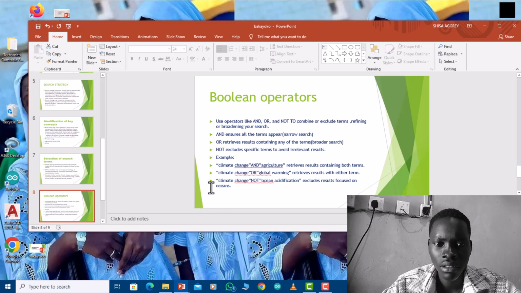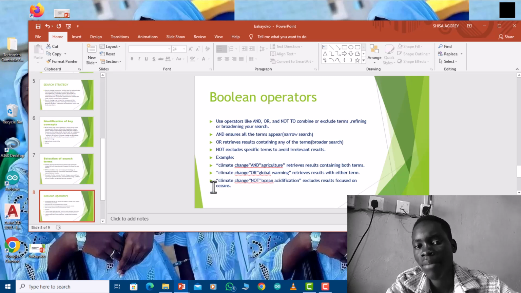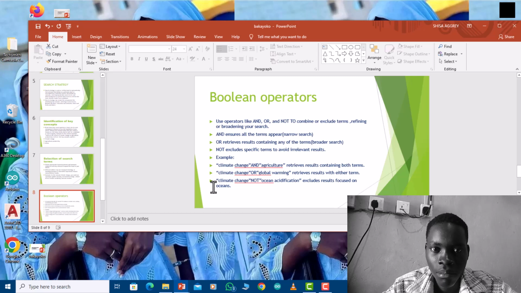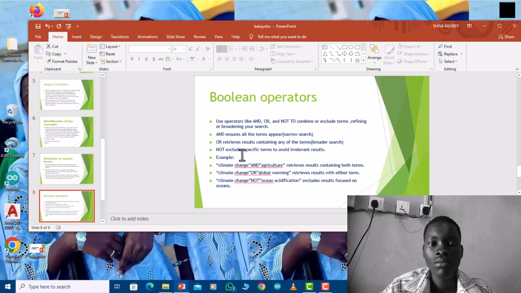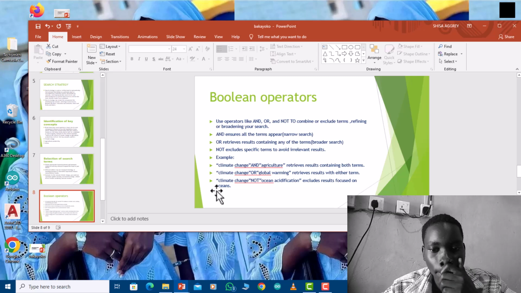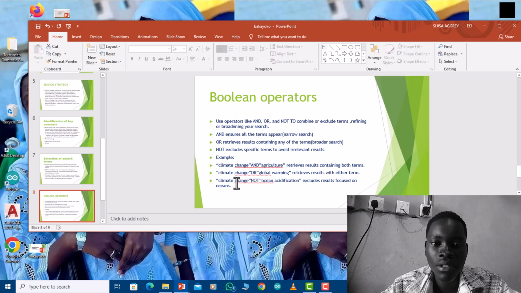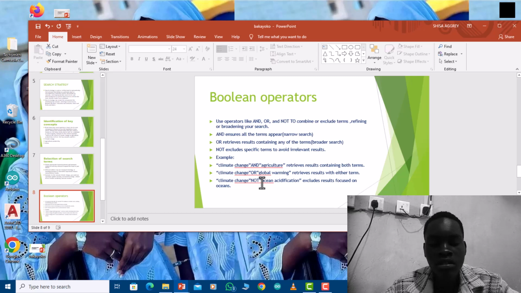Then the last one, the Boolean operators you have to include. We have 3 of them. We started with AND, we proceeded to OR, then we are ending with NOT. Are you seeing? So what does this really mean? With climate change, you do the same steps, then with this one you may require excluding certain things.